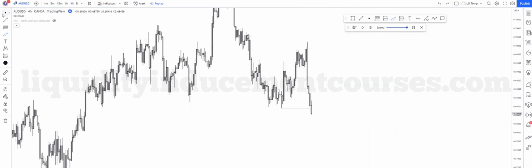So what's the closest POI to this low? Because remember, every external range is an inducement. Every external range has liquidity above or below it. So we use the external range as an inducement point.